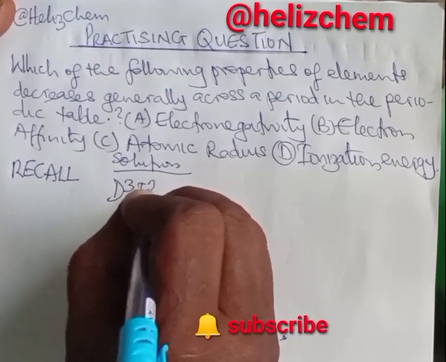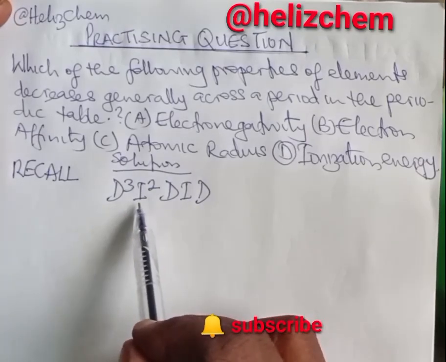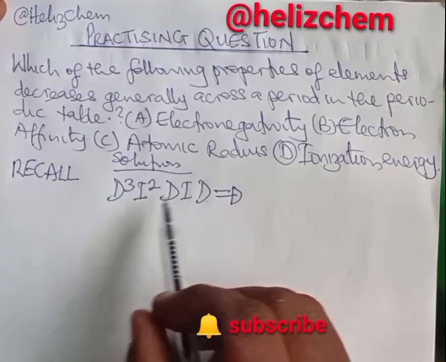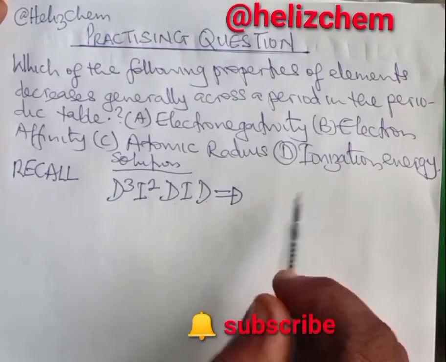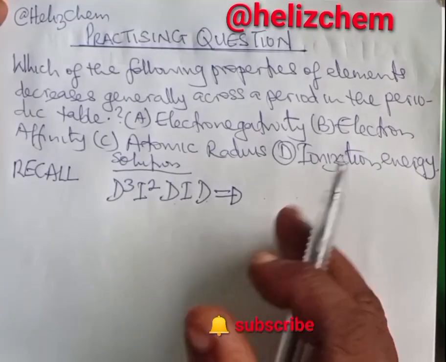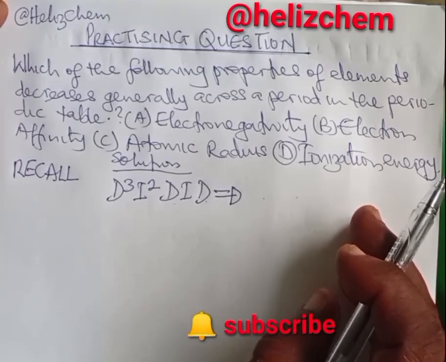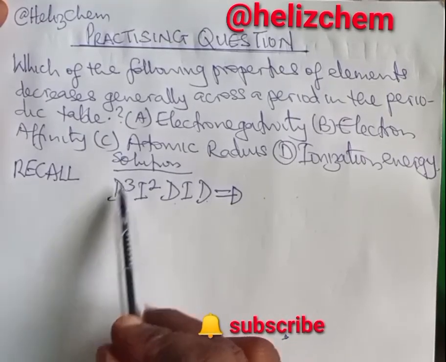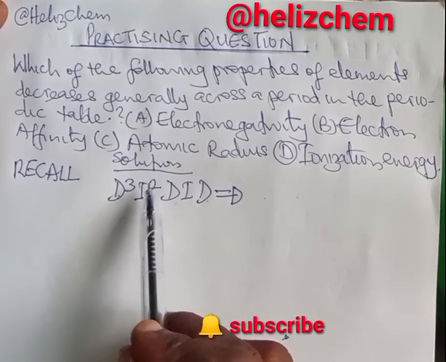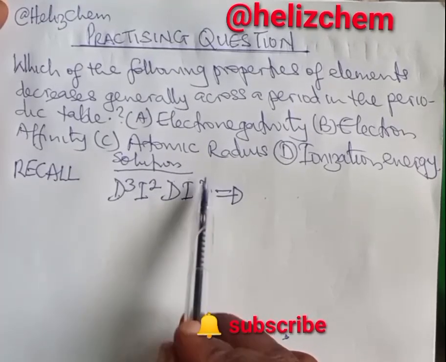D3, I2, DID. What does that mean? This D3, I2, DID means that when you arrange all the 8 atomic properties in alphabetical order, then you can show their variation firstly across the period and secondly down the group, because this D3 means decreases 3 times, increases 2 times, decrease 1 time, increase 1 time, decrease 1 time.